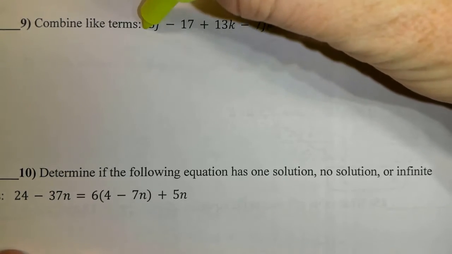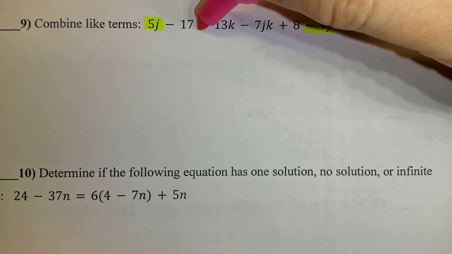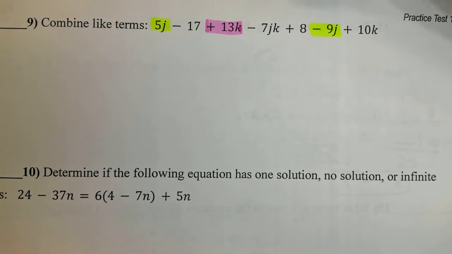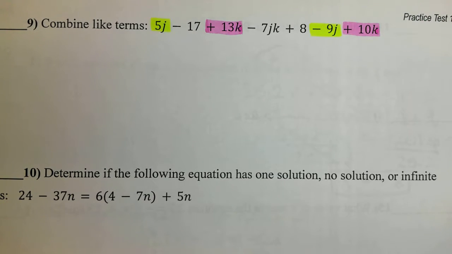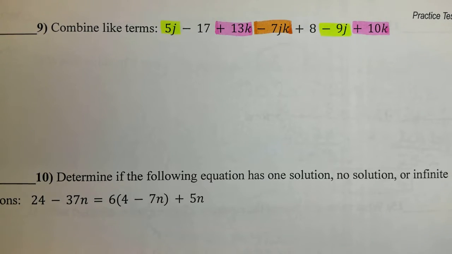So I have 5J, and then I go through and look, I have minus 9J. Then I have plus 13K and plus 10K. And then I have minus 7JK, and look, I don't have any more JKs.